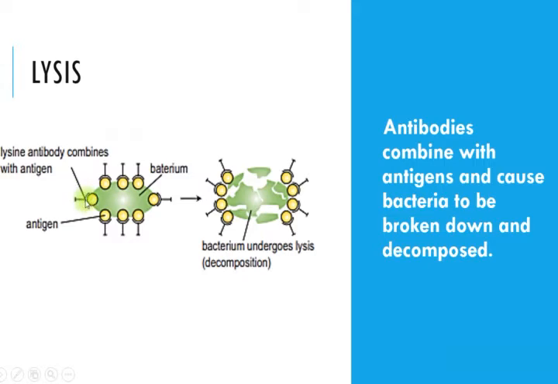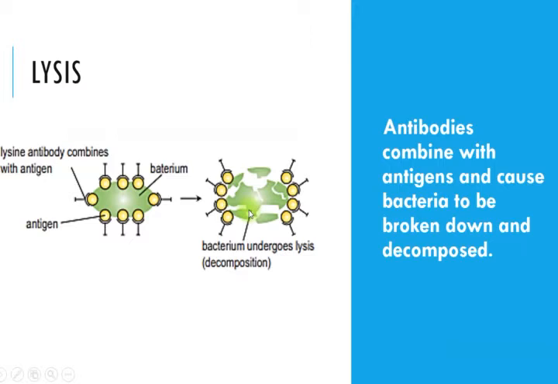We can see the antibody binds with the antigen, and the bacteria here is broken down. Breakdown and decomposition occur. That is the lysis mechanism, whereby the antibodies combine with the antigen and cause the bacteria to be broken down.